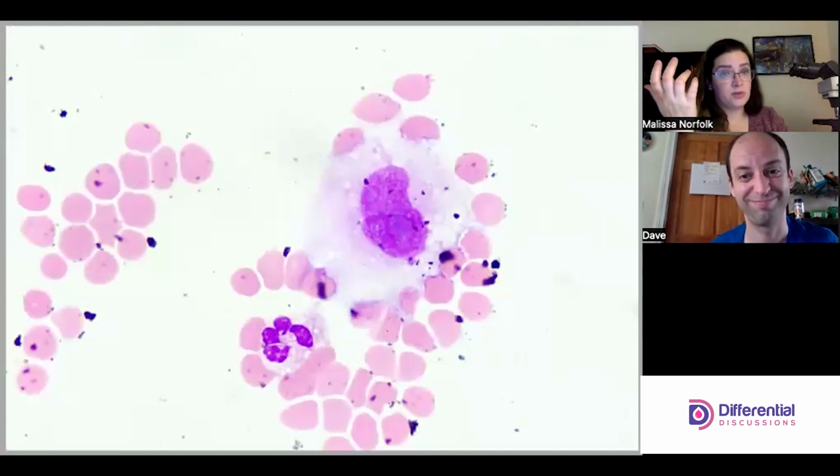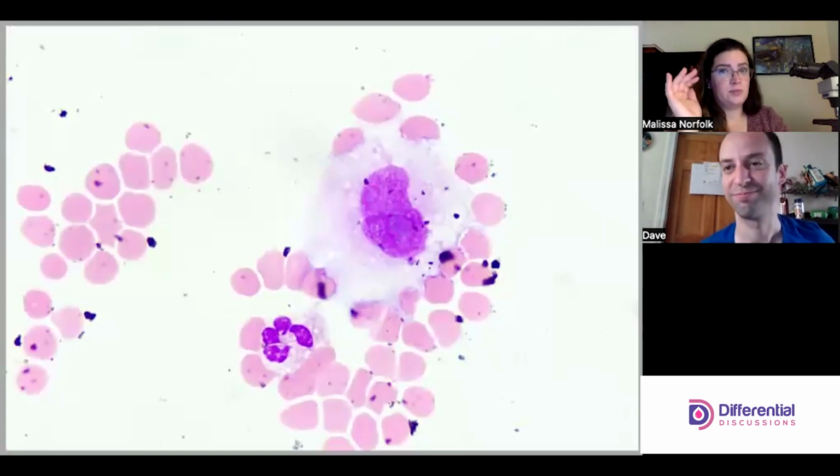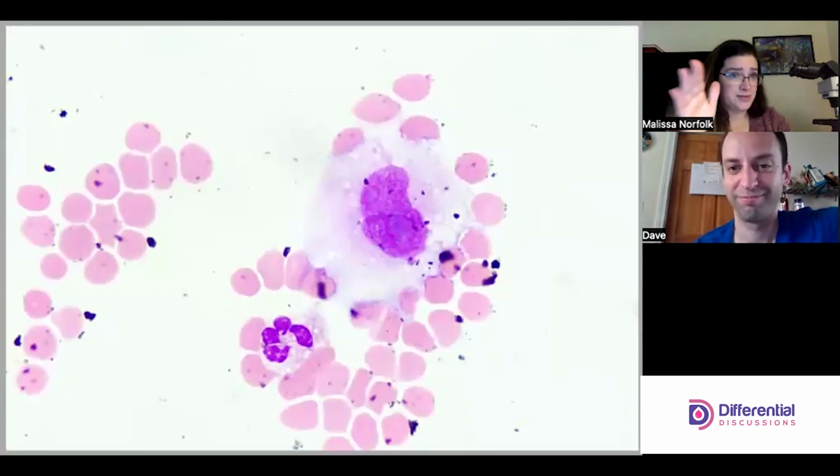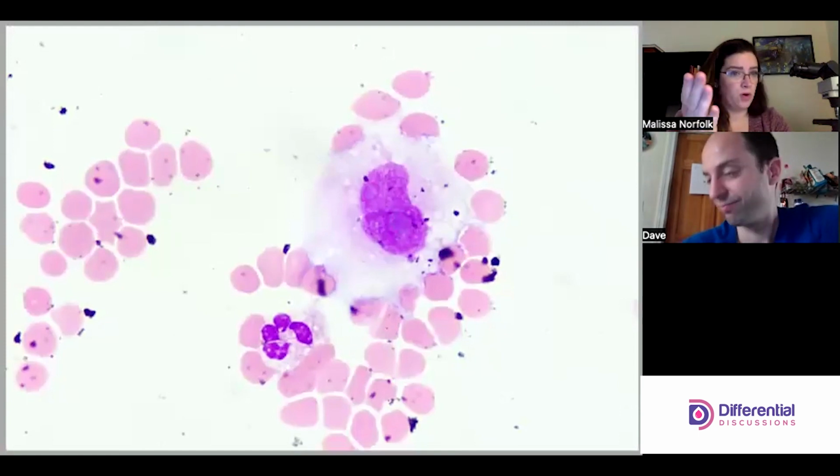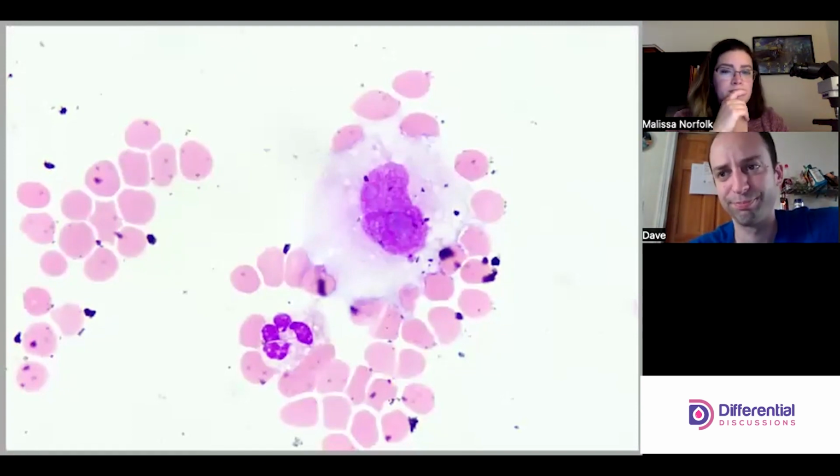The cytoplasm looks like it could be more monocytic, significantly more normal than what we've been seeing. But the chromatin pattern, those ugly spots, the nucleoli, it's a problem.